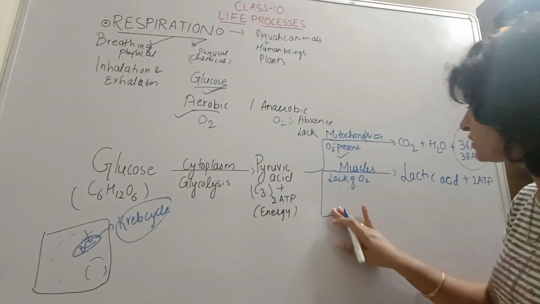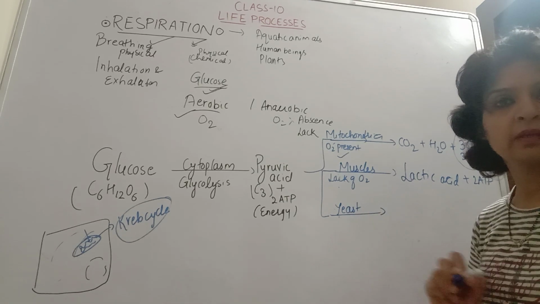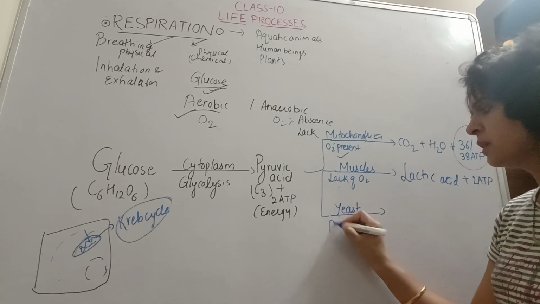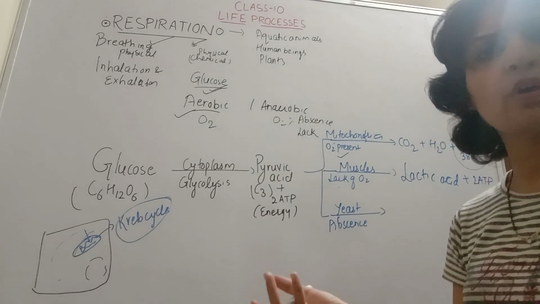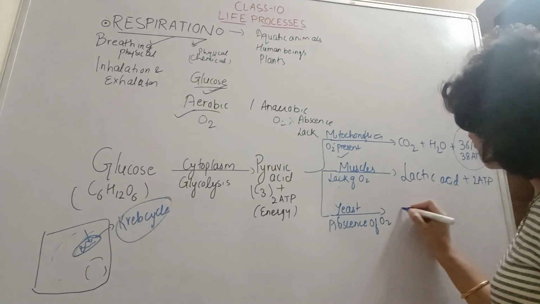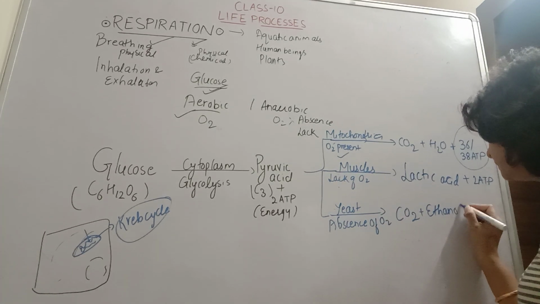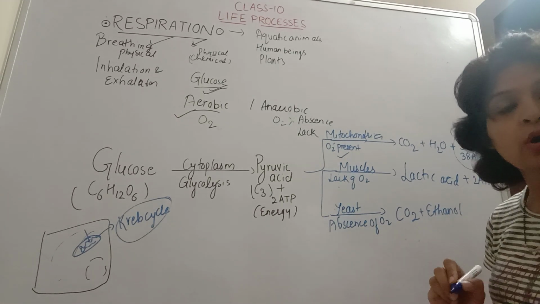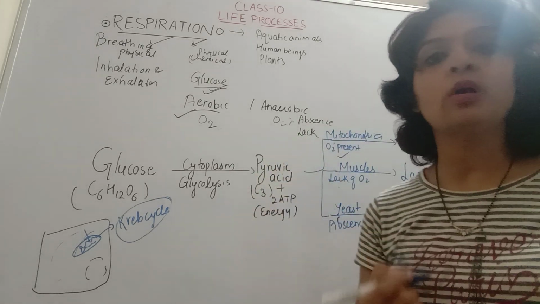But in case of some other organisms like yeast, they don't need oxygen. So in absence of oxygen, this particular yeast will result in the formation of carbon dioxide and ethanol, the alcohol production. The yeast helps in forming the alcohol.